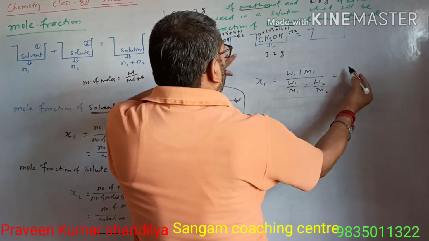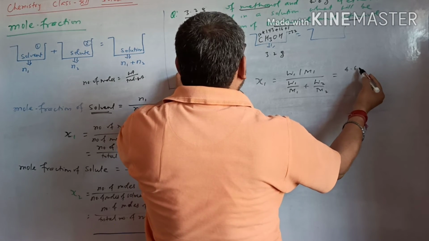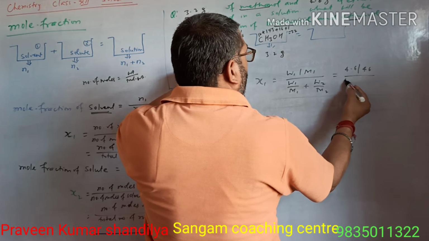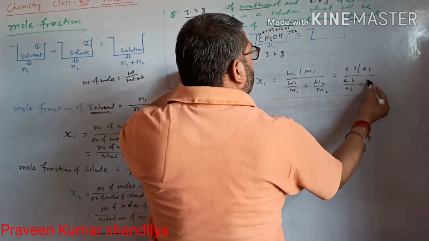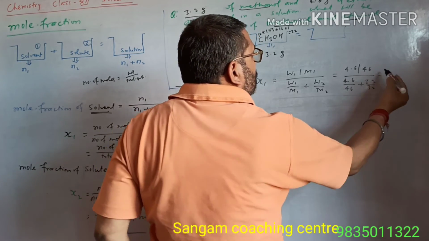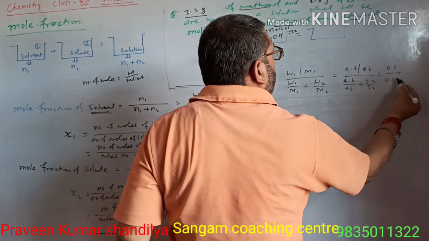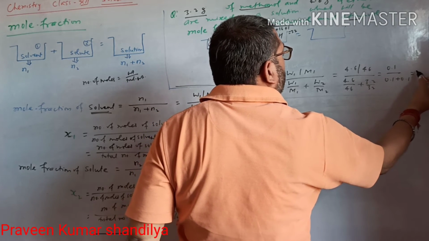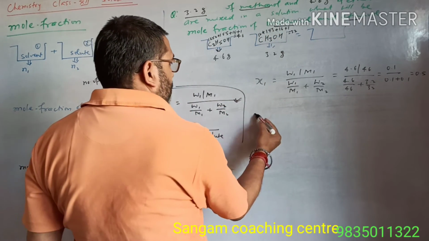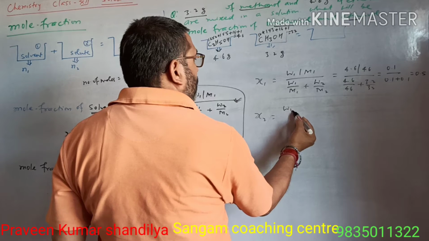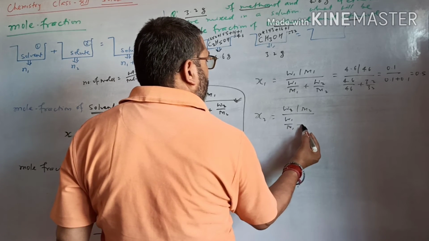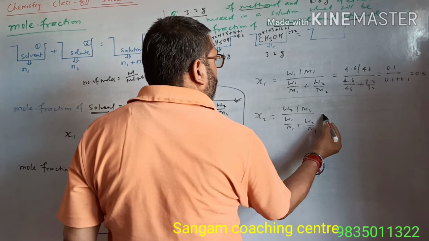W1 is 4.6 by 46, over 4.6 by 46 plus 3.2 by 32. That is 0.1 by 0.1 plus 0.1, that means 0.5. Similarly, X2 is equal to W2 by M2 over W1 by M1 plus W2 by M2.